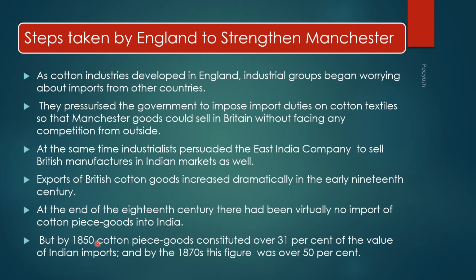By 1850, the mid 19th century, cotton piece goods constituted over 31% of the value of Indian imports. Imagine. So virtually no imports to 31% of the value of Indian imports, and by the 1870s this figure was over 50%. So the whole scenario changed.